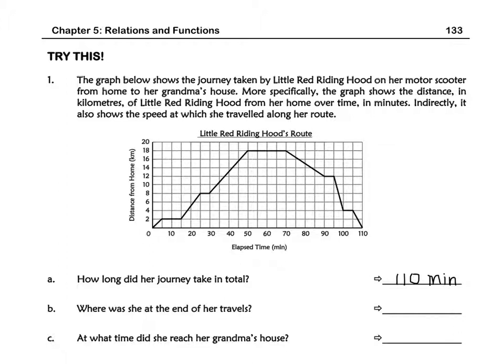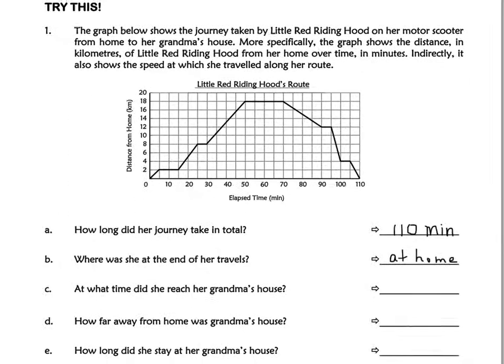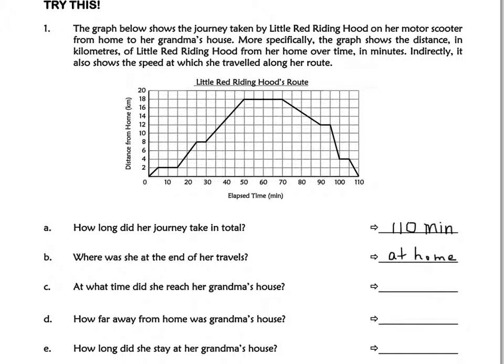Where was she at the end of her travels? Well, her distance was at 0 again, so she was back at home. At what time did she reach her Grandma's house?